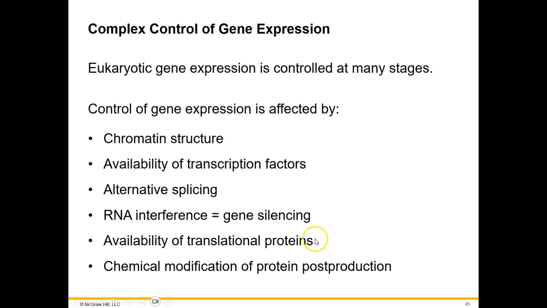We don't have an unlimited number of those either, so that's going to affect how fast and how often our genes are transcribed and translated. And then there's also the possibility for chemical modification of a protein after it's been made. So it's not like, okay, we strung all the amino acids together, this is a completely finished product. There could still be chemical modifications that take place after that.